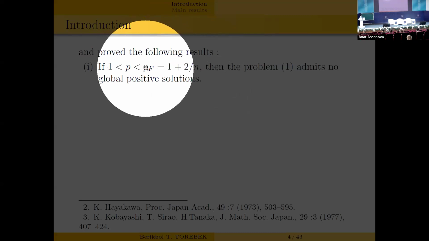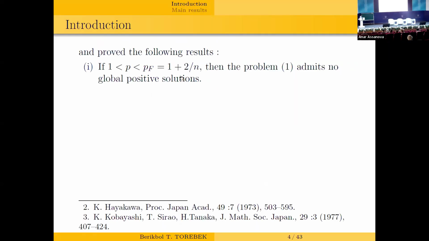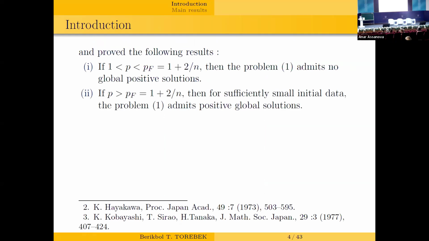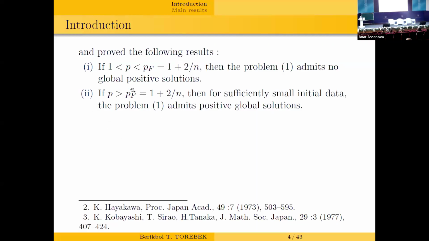When p is between 1 and 1 plus 2 divided by n, he proves that the considered problem does not admit a global in time positive solution. And if p is greater than this number, then for sufficiently small initial data, there exists a global in time positive solution of the semilinear heat equation on the whole Euclidean space.